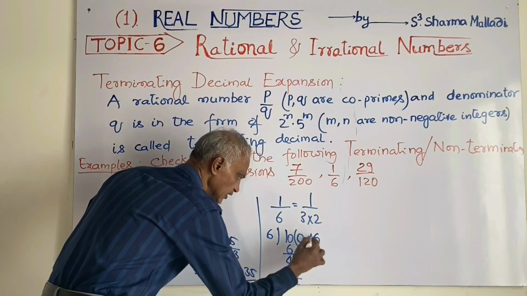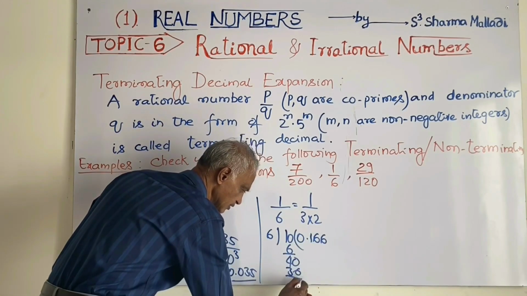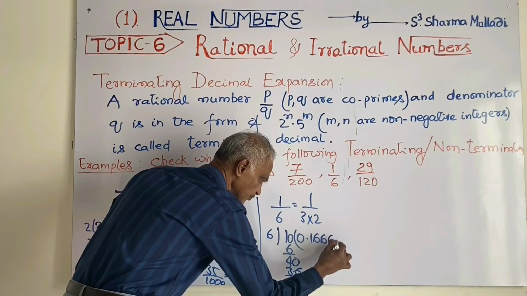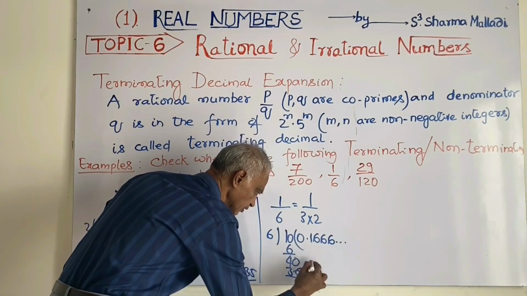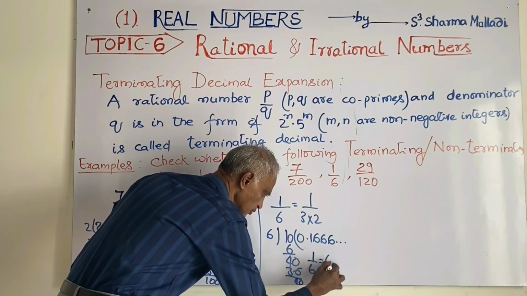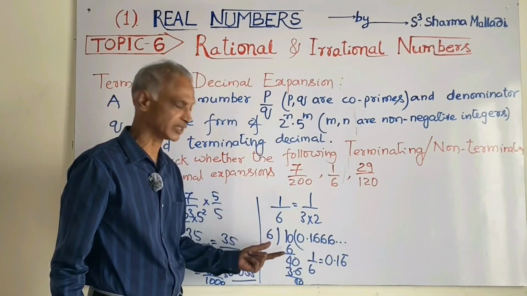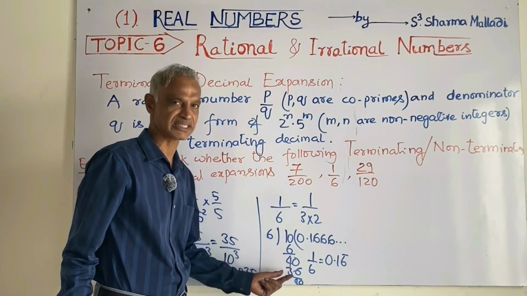Again 4. 6 6s are 36. Like this it is going. 1 by 6 is equal to 0.16. It is non-terminating repeating decimal expansion.